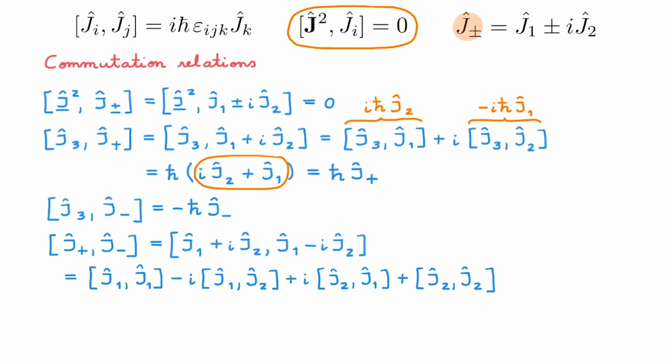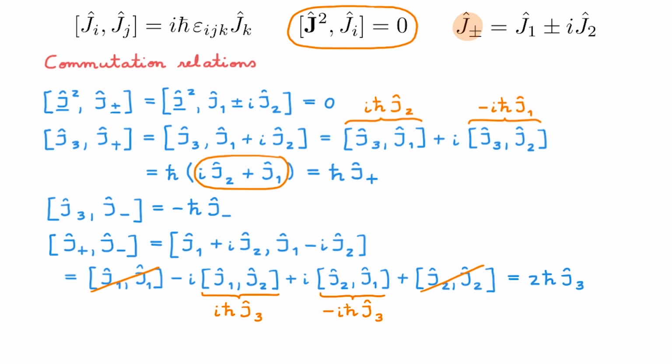And feel free to pause here for a second to double check this, but it should be clear after a moment. These 2 terms are 0 because they involve the same angular momentum component. This is i h bar J3, and this is minus i h bar J3, so that overall we get 2 h bar J3.